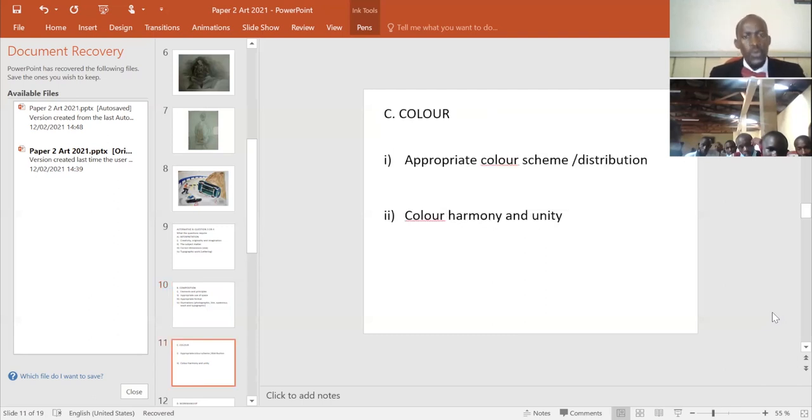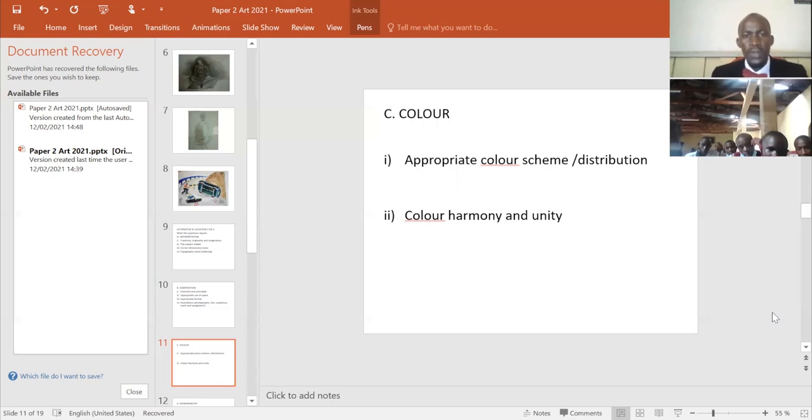Then again, when dealing with graphic design, we look at the color. How well do you use color in graphic design work? Remember, in most graphic design works, we encourage you to use flat colors, or block colors.